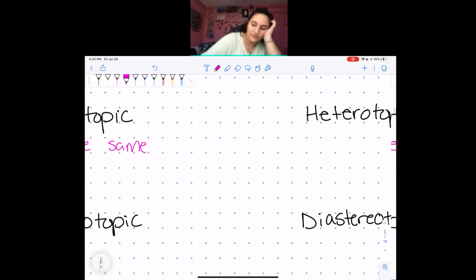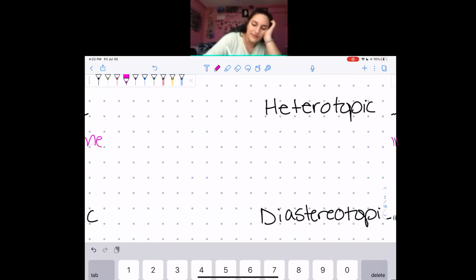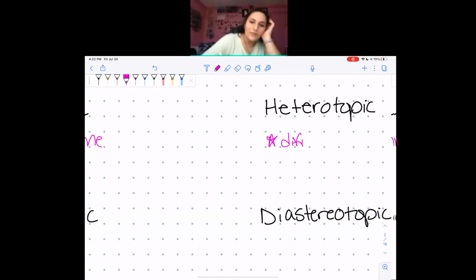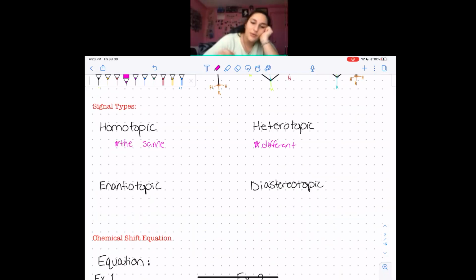Heterotopic equals different. So remember, these two terms are umbrella terms. Enantiotopic and diastereotopic are specific types of homotopic or heterotopic signals.